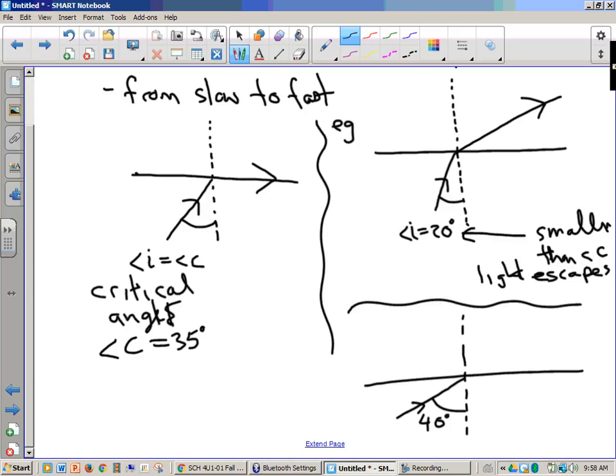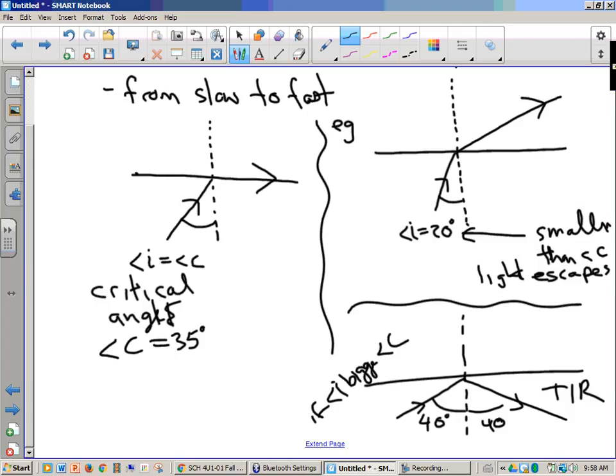So because the angle is greater than the critical angle, it comes back in. Total internal reflection, TIR, happens. So this is if angle I is bigger than angle C.